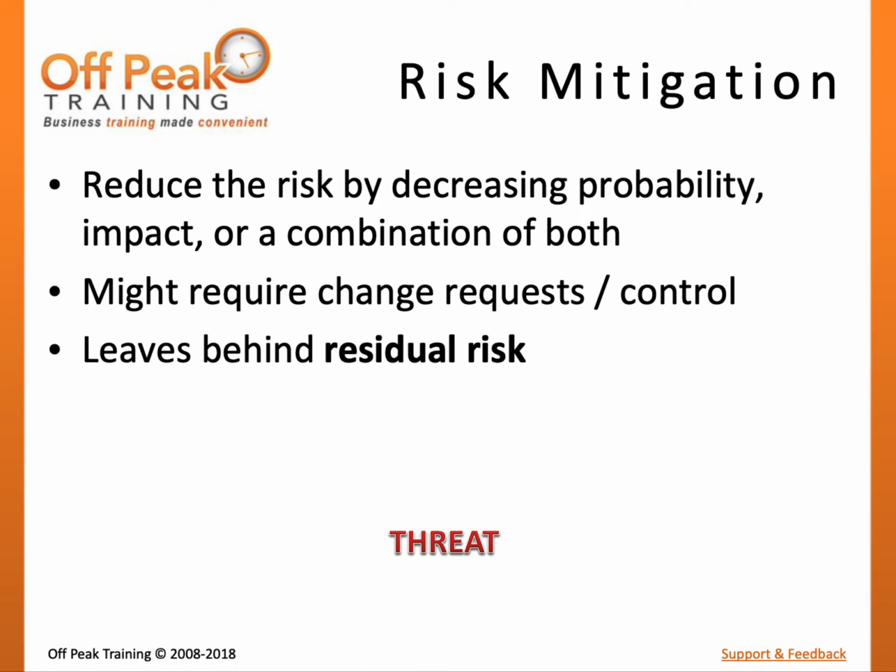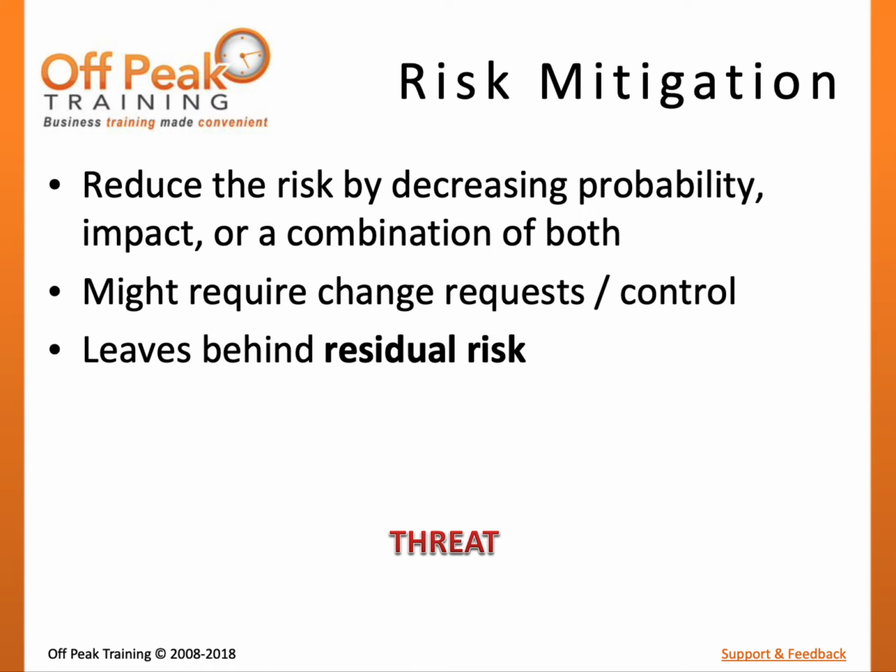It is important to note that through mitigation, the risk is not eliminated, so it will still exist, just to a lesser extent. This may also require a change to project baselines, such as adding a new work package, which would require key project stakeholders to follow normal change control procedures.